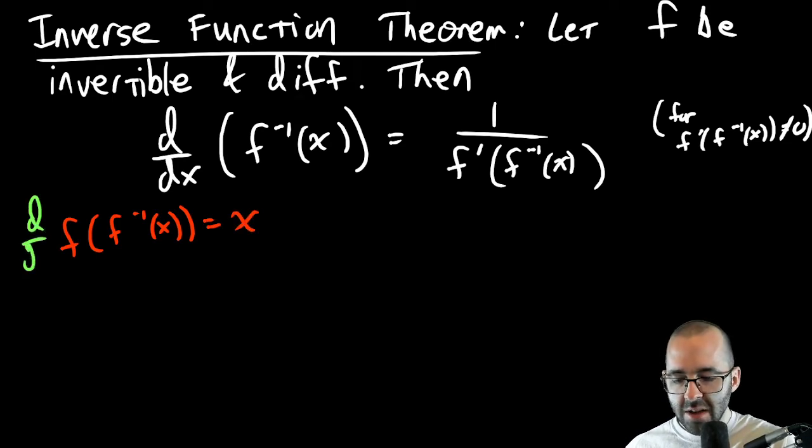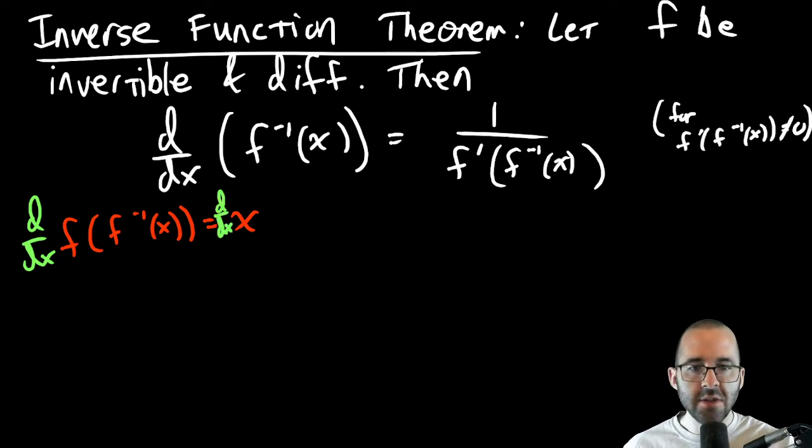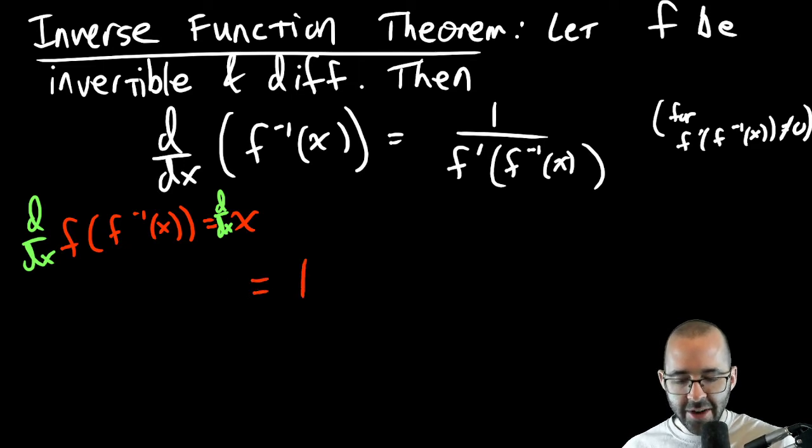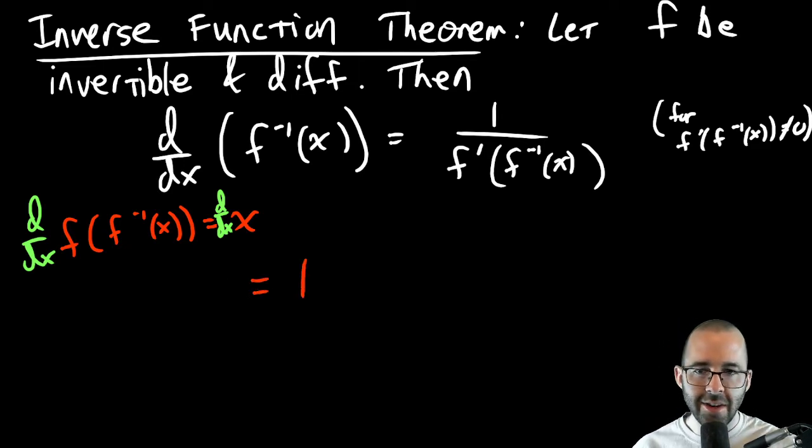Well, what happens if we take the derivative of both sides? If two functions are the same, then their slopes have to be the same as well, right? The derivative on the right-hand side, we're going to start with that one. That's easier. Derivative on the right-hand side is just 1. Derivative of x is just 1. Derivative of the left-hand side, we need the chain rule.